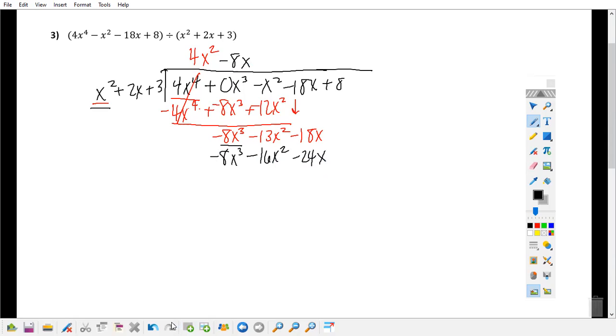Now we've multiplied, then we're going to subtract. And what does subtraction mean? Change the signs and combine like terms. So I'm going to change the signs and combine like terms. These cancel. I'm left with 3x squared. And I'm left with plus 6x. After that, I'm then going to bring down.